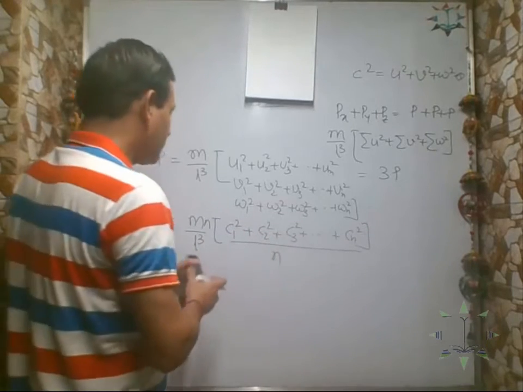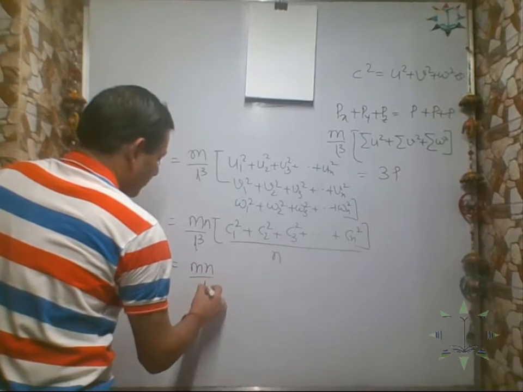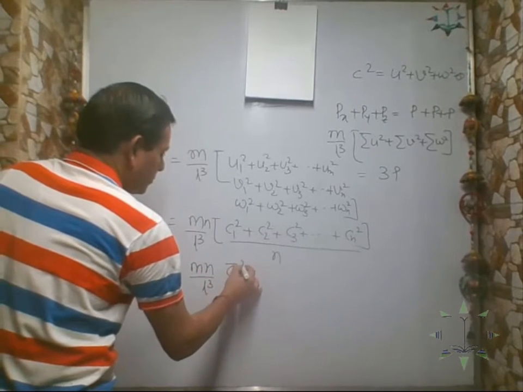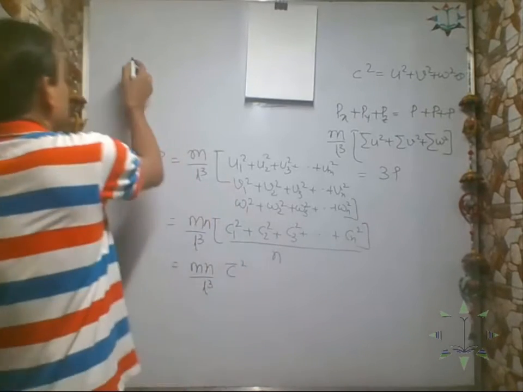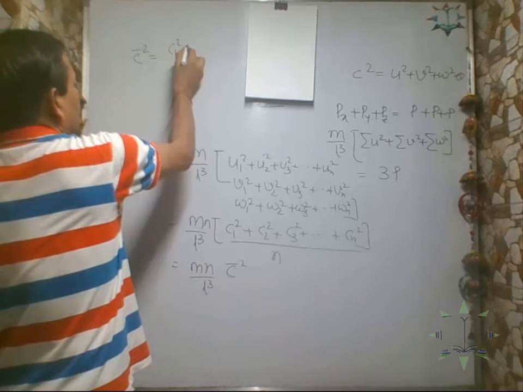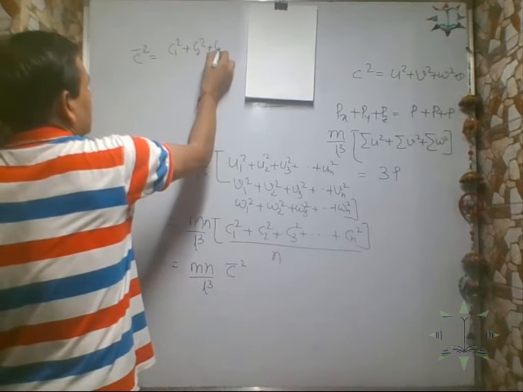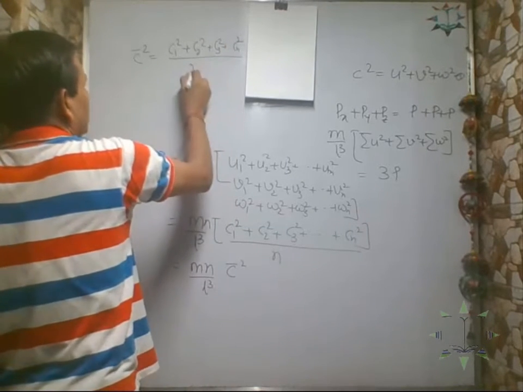Okay, so let us represent it by m1 by L cube. Let us write it as c bar square. What is c bar square? C bar square is c1 square plus c2 square plus c3 square up to cn square, by n.